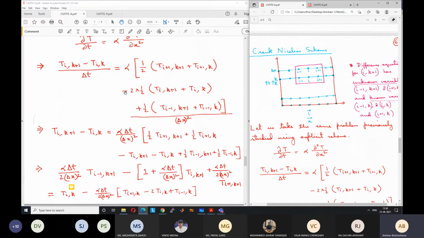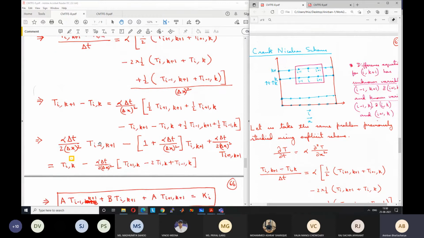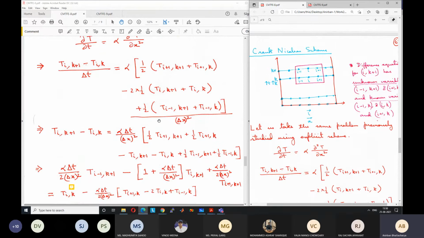Now you can rearrange the same equation. By taking delta t to the other side and rearranging the terms, we get alpha delta t by 2 delta x square. We had discussed this in the previous class also.